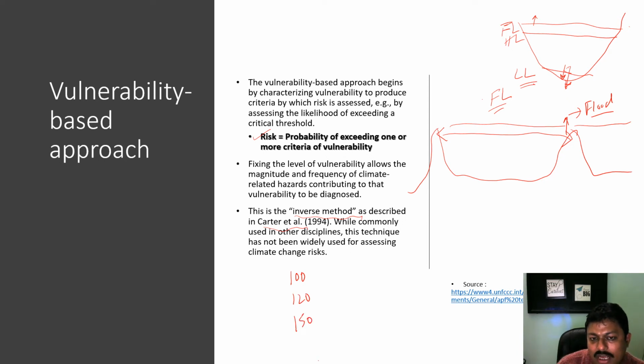If I ask what is the probability that the reservoir level will cross 150 meters, then how can you calculate that risk? You will calculate the probability of the events, and the probability of this event will give you the risk of the reservoir as per the vulnerability-based approach.